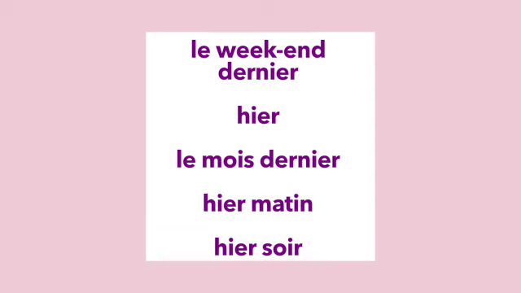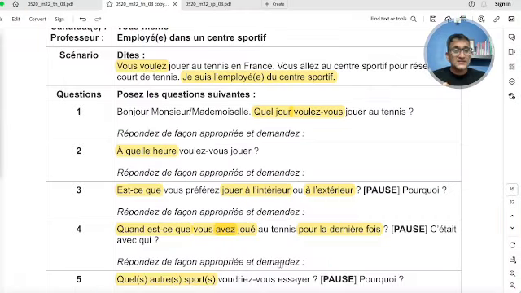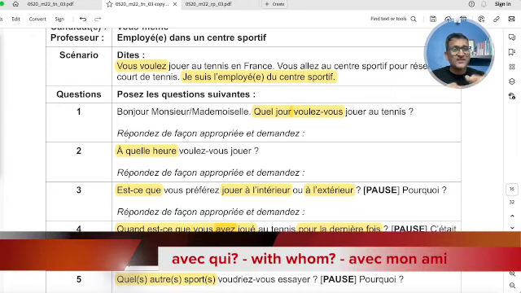You can say le mois dernier, last month, hier matin, yesterday morning, hier soir, yesterday evening. So there are various options you can use. And c'était avec qui, it was with whom. Qui is who or whom. So avec qui is with whom. This is how you need to handle question number 4.